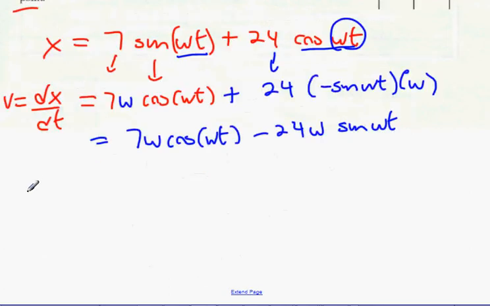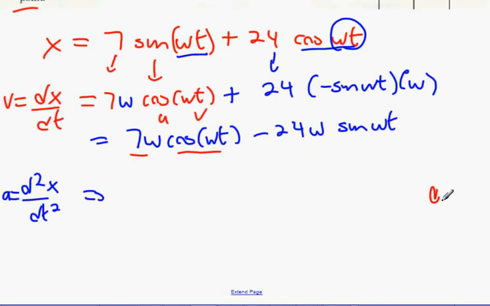Differentiate a second time, and we get the acceleration. Now this time we're looking at a product rule, aren't we? u and v. Actually no, it's constant. It's not a product rule because omega is not a variable in this question.